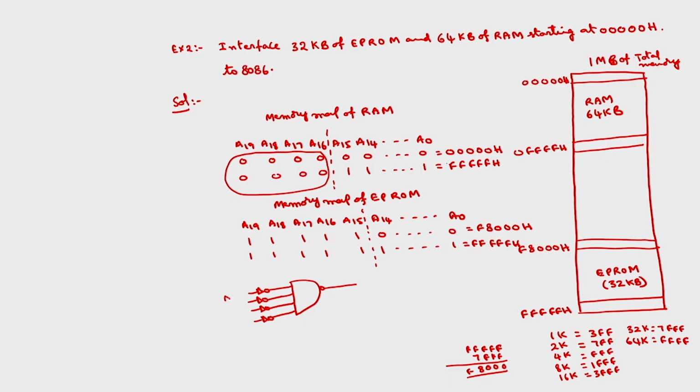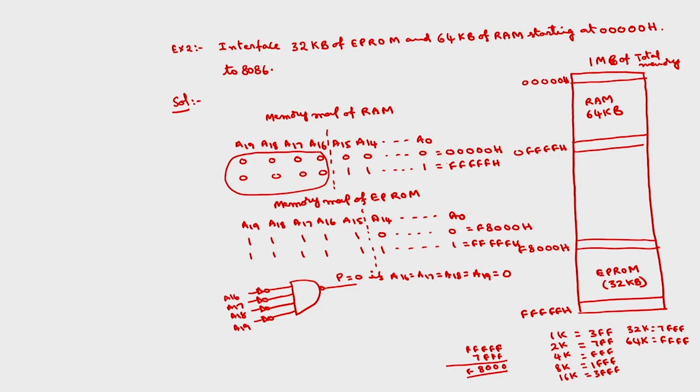You give the inputs as A16, A17, A18, A19, and call this output P. So P is equal to 0 if A16 is equal to A17 is equal to A18 is equal to A19 is equal to 0. Otherwise, P is equal to 1. If any one of A16 to A19 is 1, output will be 1.